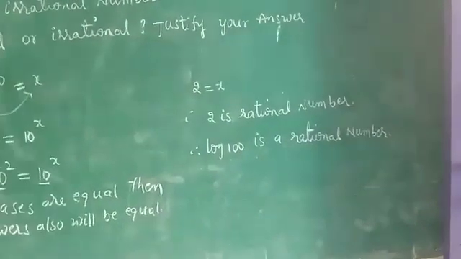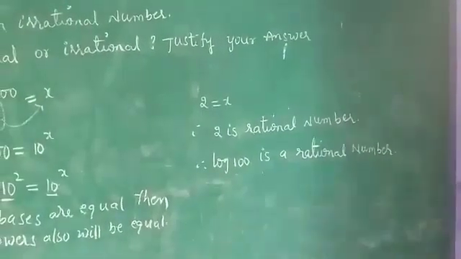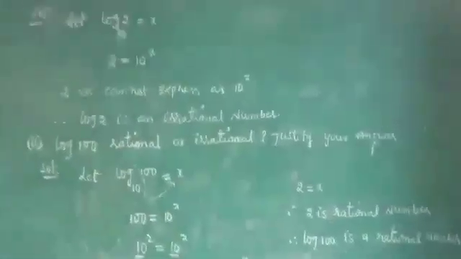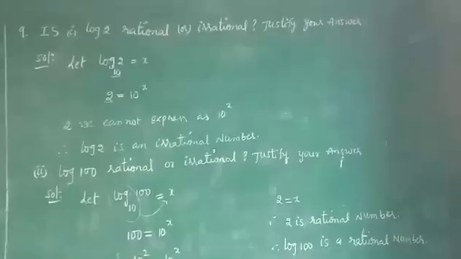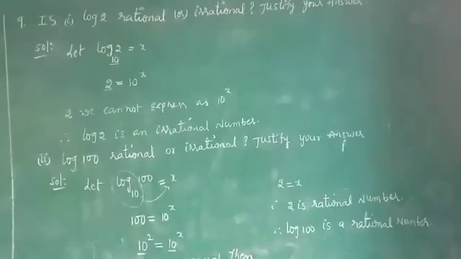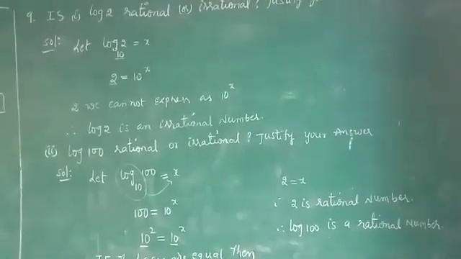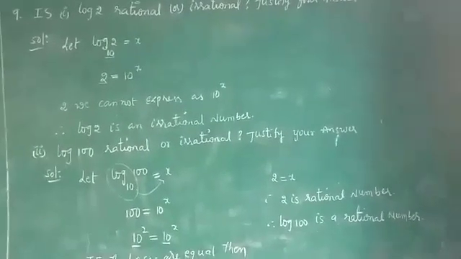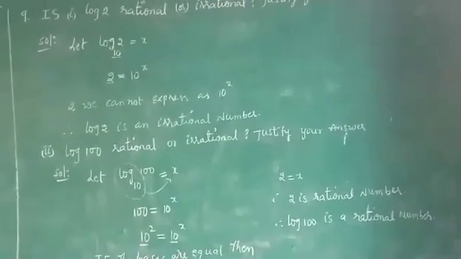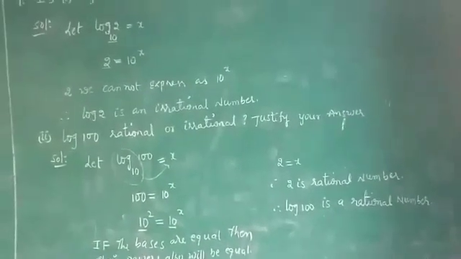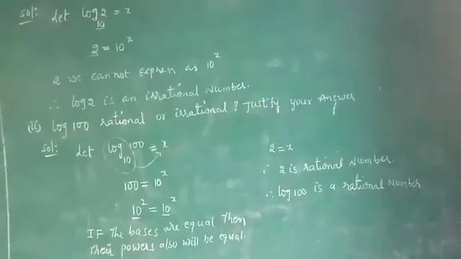Right? So first concentrate on these two problems. Is log 2 a rational number or irrational number? Justify your answer. Log 2 to base 10 is equal to x. So 2 is equal to 10 to the power of x. 2 we cannot express as 10 to the power of x. Therefore you retain that log 2 is an irrational number.